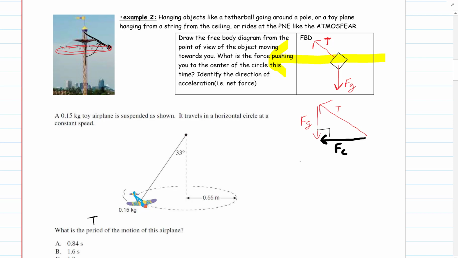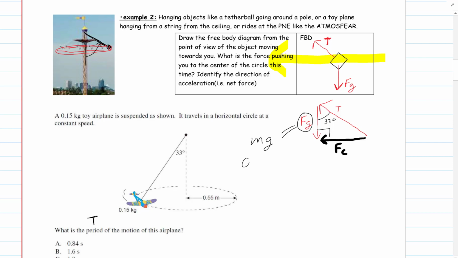So what we want is to solve this triangle that we have drawn here. This is our angle here, 33 degrees. And this is our force of gravity, which is going to be mg.